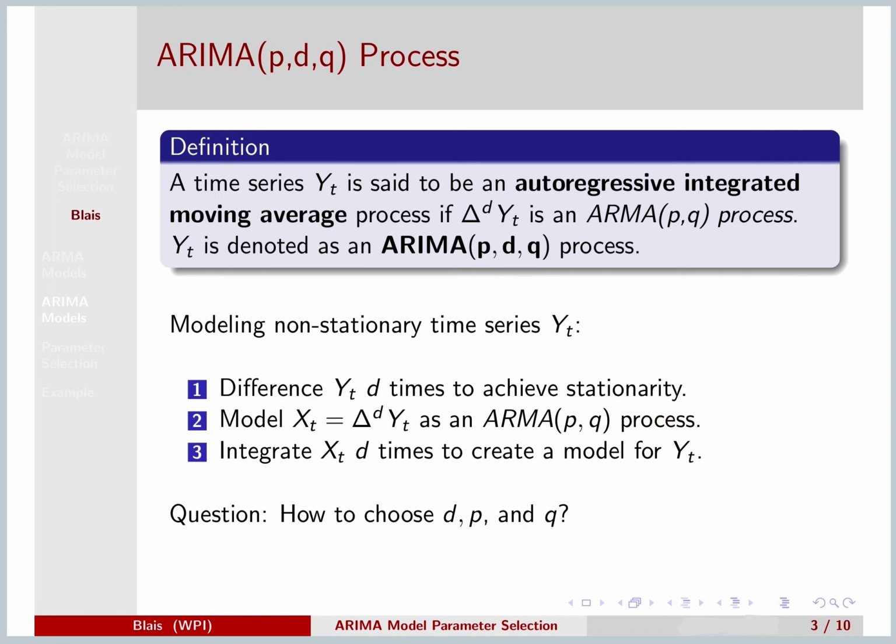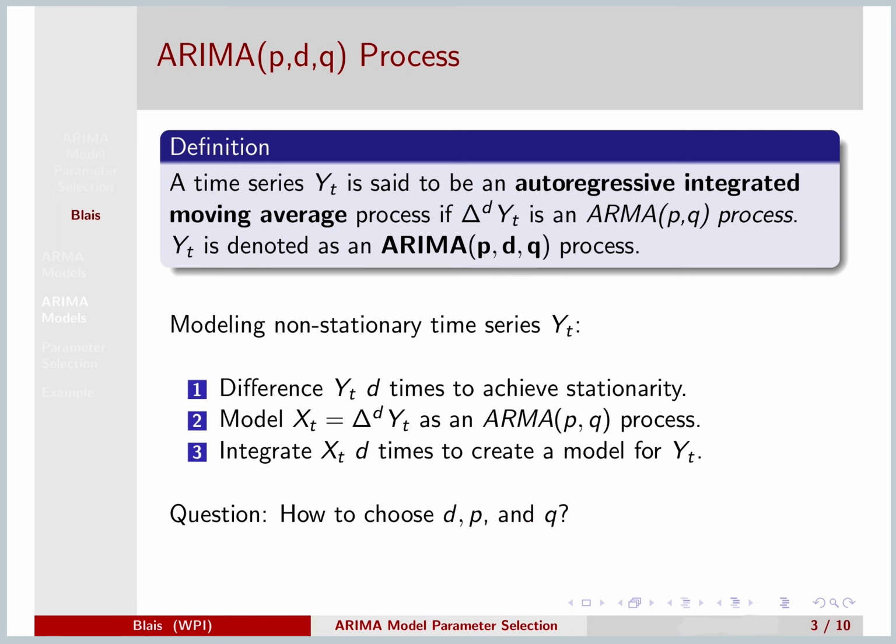We can then back things up. Recall that the inverse process to differencing a time series is the integration of a time series. So we can integrate this time series X_t d times to get a model for our original non-stationary time series Y_t. And the question that we have is, how do we choose the parameters d, p, and q?